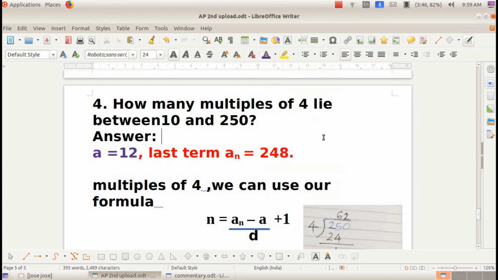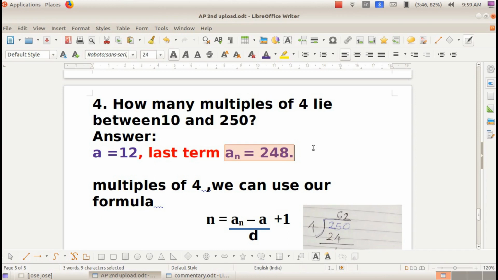Then we need to find what is the last term in this AP. We need to find multiples of 4 between 10 and 250. For that, we can check whether 250 is a multiple of 4 or not.